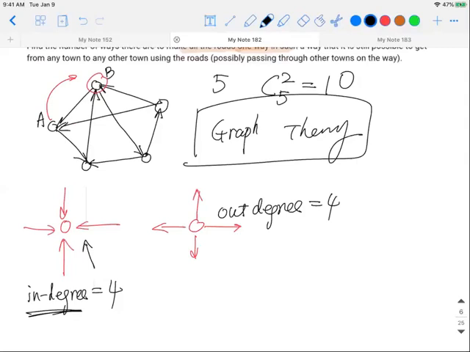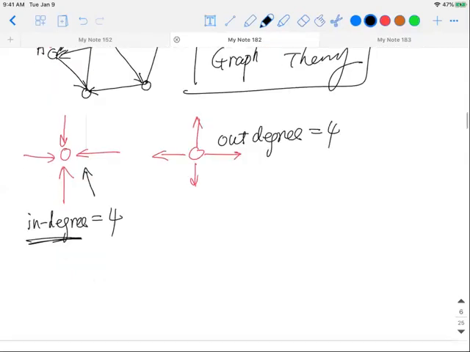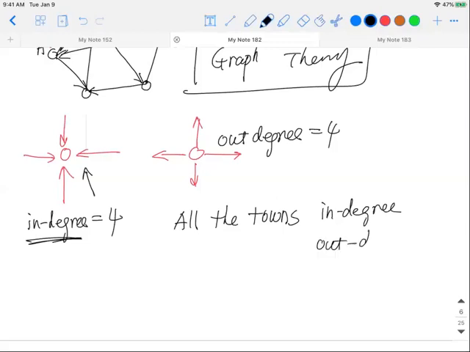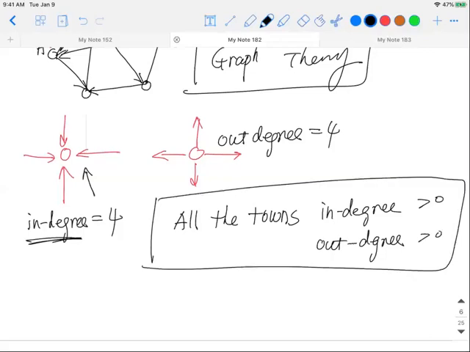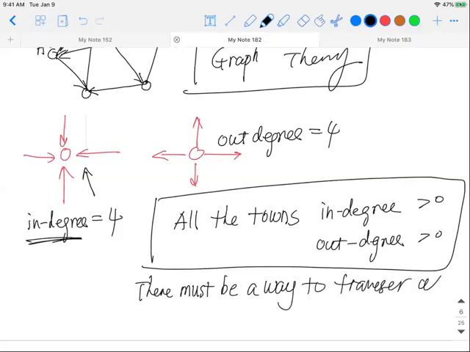Actually, for this problem, as long as the in degree and out degree are both greater than 0, then there must be a way to traverse all the tongues. This is actually a conclusion.